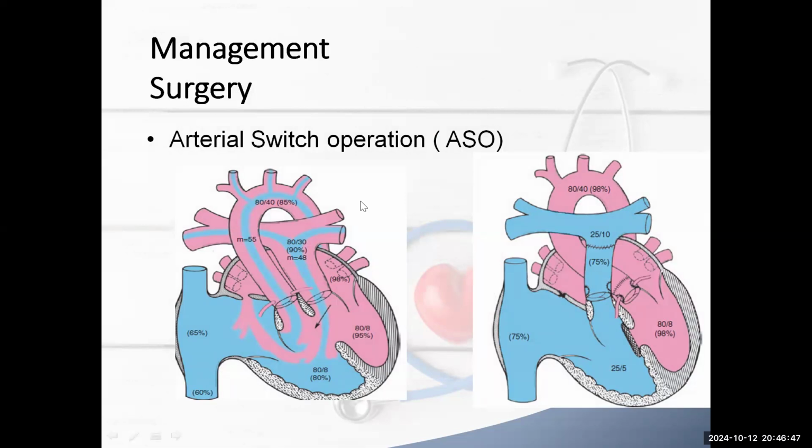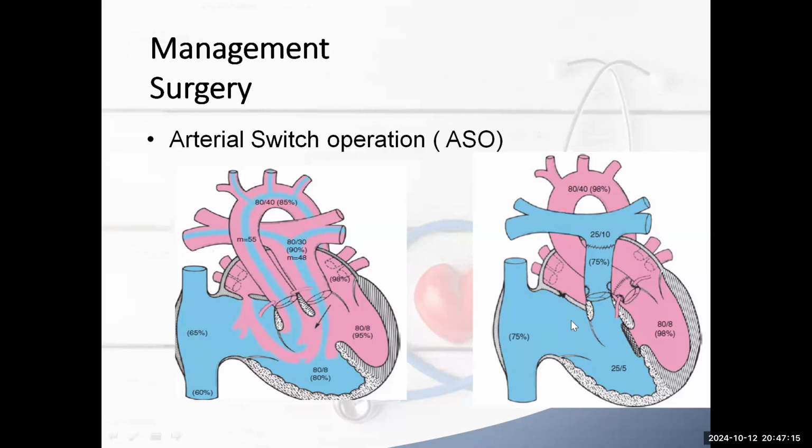What's arterial switch operation? Arterial switch operation is the physiological operation for TGA. This patient has pulmonary artery coming from the left side and aorta coming from the right side. They cut the aorta above the level of the coronaries and cut the pulmonary at the same level, and they move the pulmonary to the right and the aorta to the left.